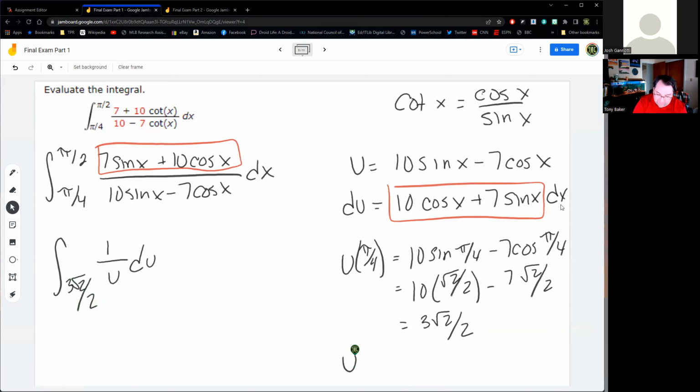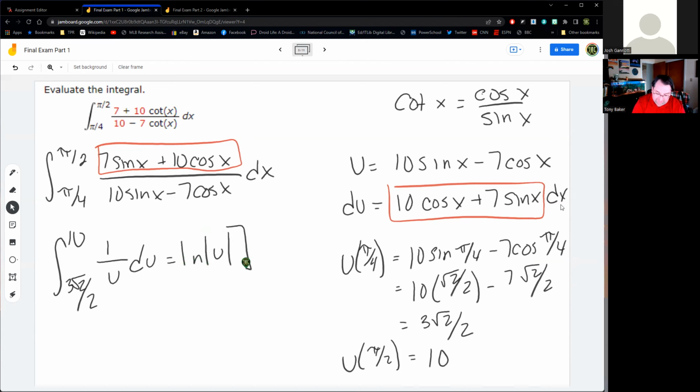And if I do u of pi over 2, pi over 2 for sine is, no, sorry, pi over 2 for sine is 1. Cosine is 0. So this becomes just 10. So this integral of 1 over u is just ln of u.